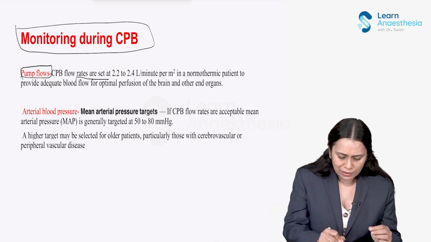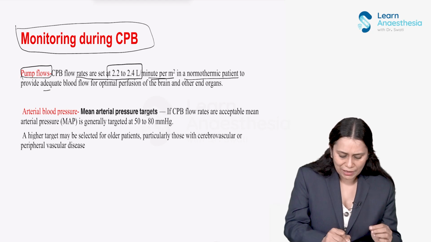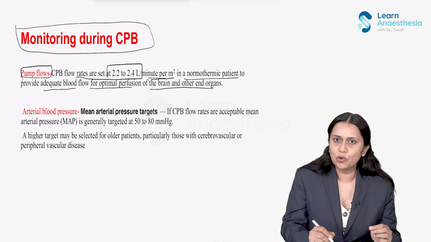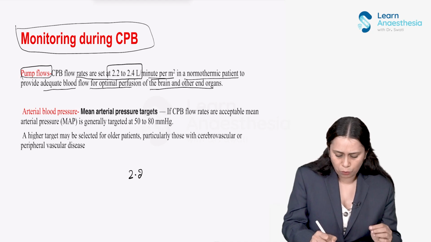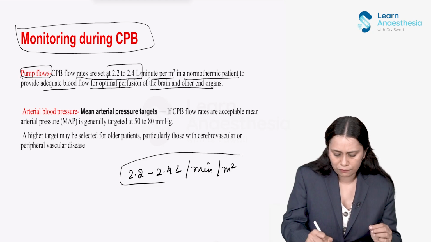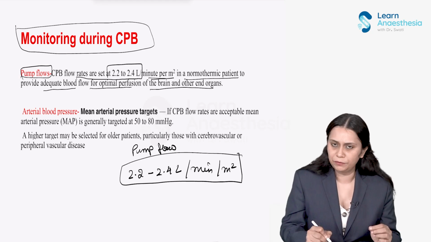The flow is set at 2.2 to 2.4 liter per minute per meter square in a normothermic patient to provide adequate blood flow for optimal perfusion of the brain and other end organs. So we need 2.2 to 2.4 liter per minute per meter square of pump flow for adequate organ perfusion.